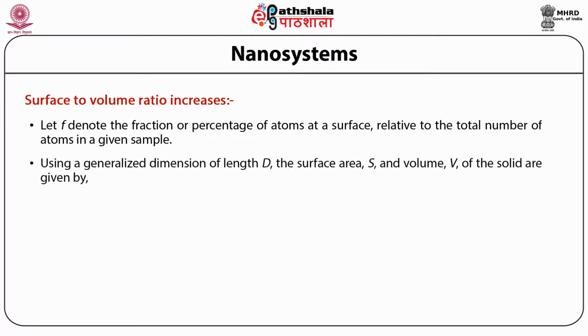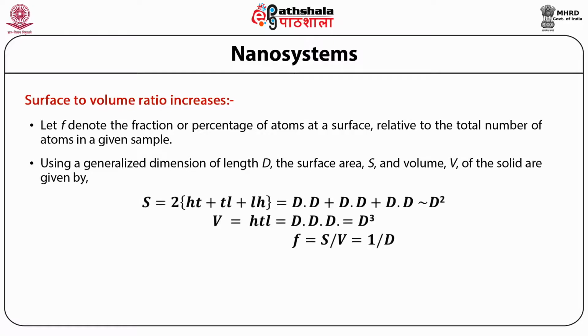The surface area S and the volume V of the solid are given by S equal to 2 multiplied by (HT plus TL plus LH), which is equal to D·D plus D·D plus D·D, which is approximately equal to D squared. Now V is equal to HTL, equal to D cubed.